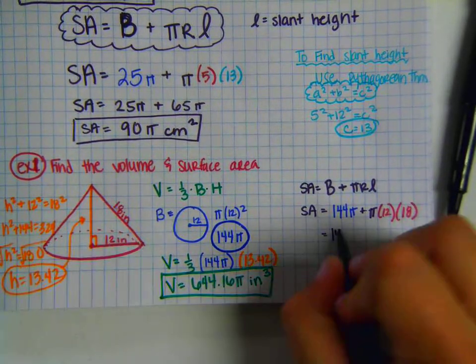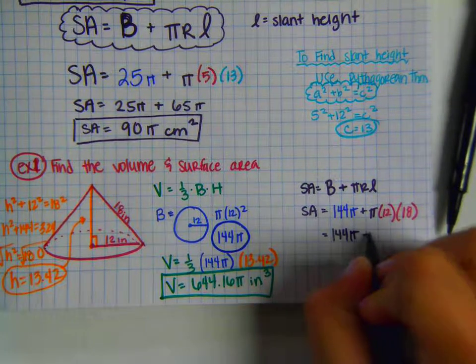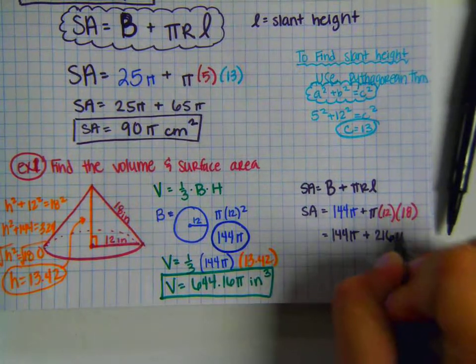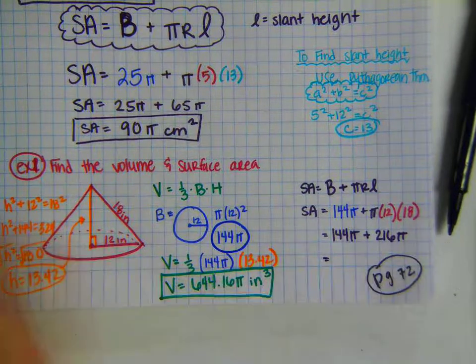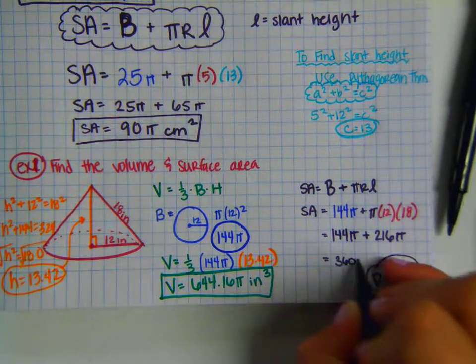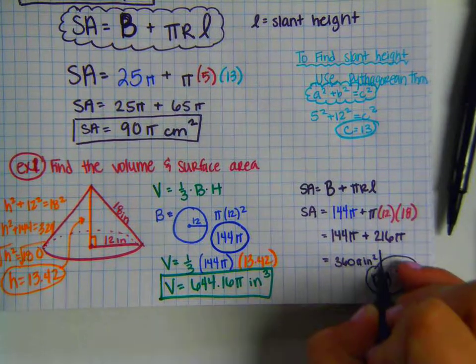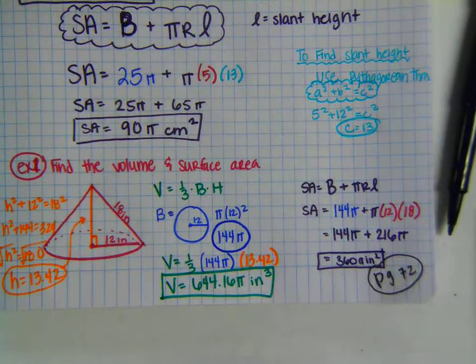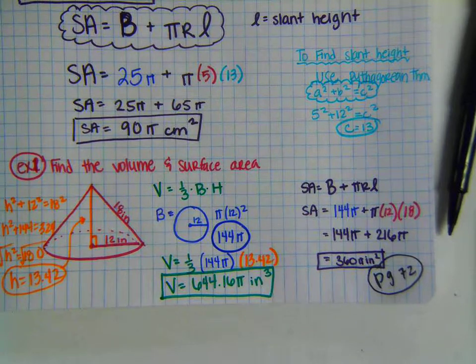So this will be 144 pi plus 216 pi, which is 360 pi inches squared. Okay? And that's how you find volume and surface area of a cone.